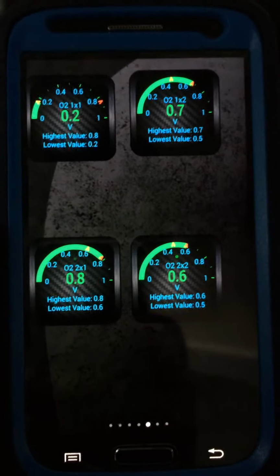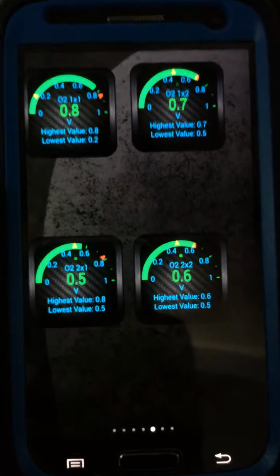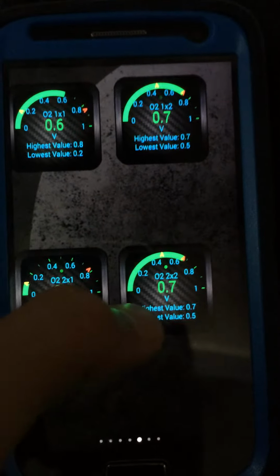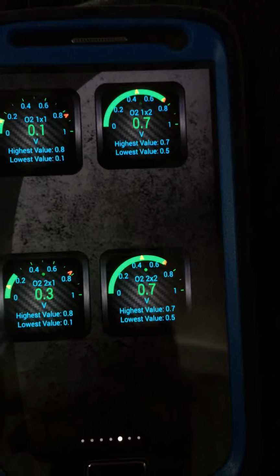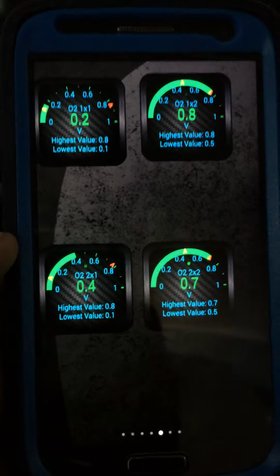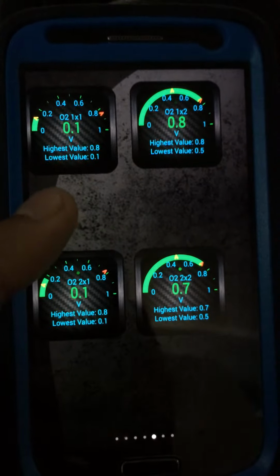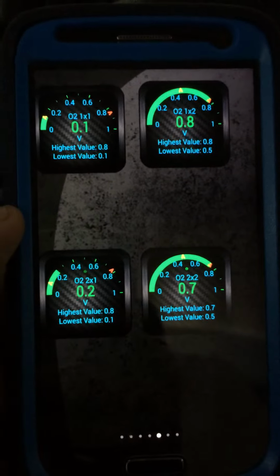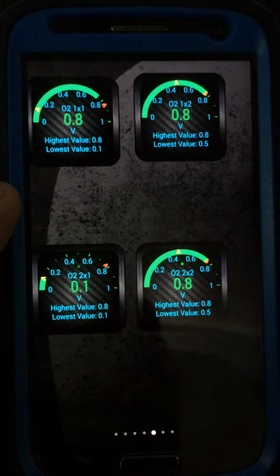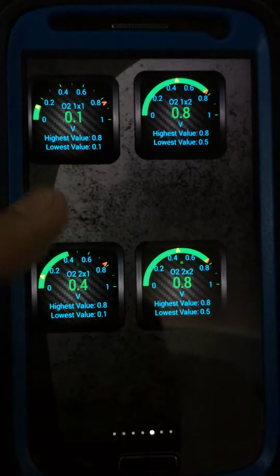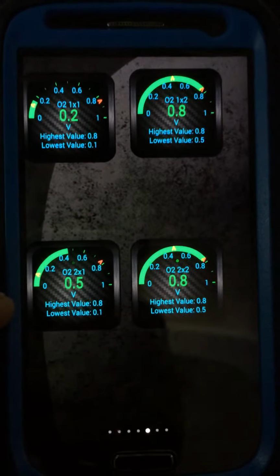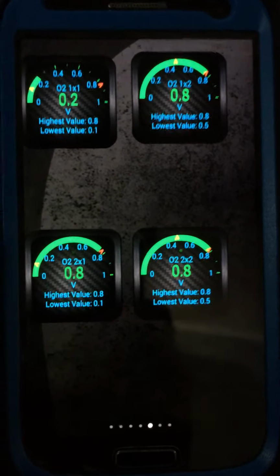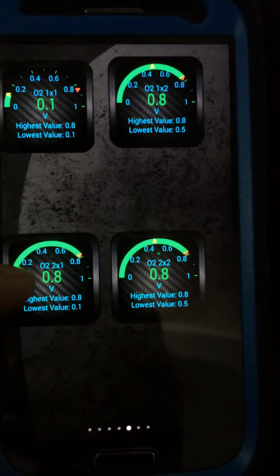And then you have the O2 sensor voltages. As you can see, the O2 1x2 and 2x2 stay constant pretty much at 0.7, while the number ones, the O2 1x1 and O2 2x1, they fluctuate from around 0.1 to 0.8, and this one goes from like 0.1 to 0.5, around to, yeah, so it fluctuates from 0.1 to 0.8.